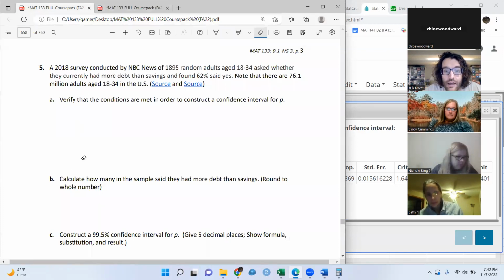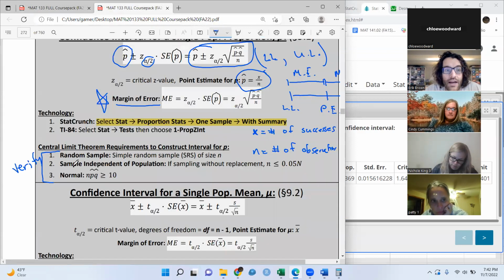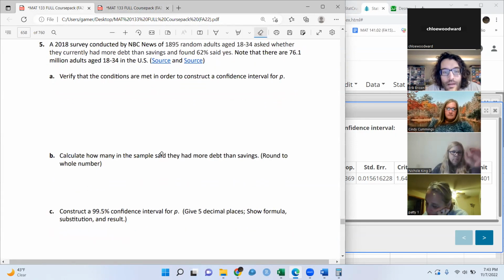Make sure that when we construct a confidence interval, it's going to be meaningful by noting that these 3 things are met. So do that just like you did in chapter 8. Then this one is a little tricky. I'm just going to give you the formula instead of having you guess it. Here you're trying to calculate x. If we solve the p hat formula for x, we get this.